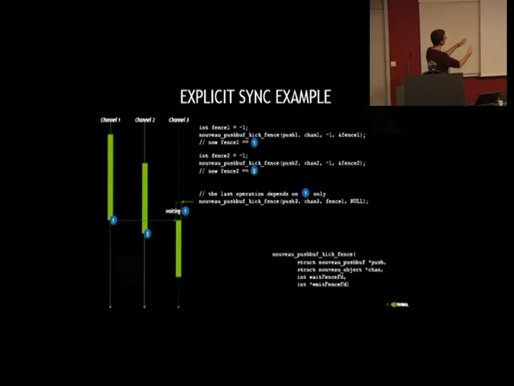Even though this one is submitted before that one, it might start executing and finish after the higher priority channel. So basically, if we explicitly express all the dependencies of the work, then we have more control in hardware and in the kernel to organize the work so that the high priority stuff completes first.